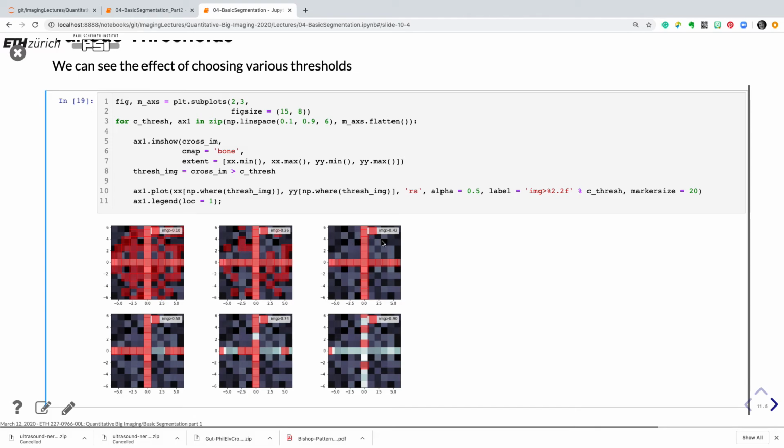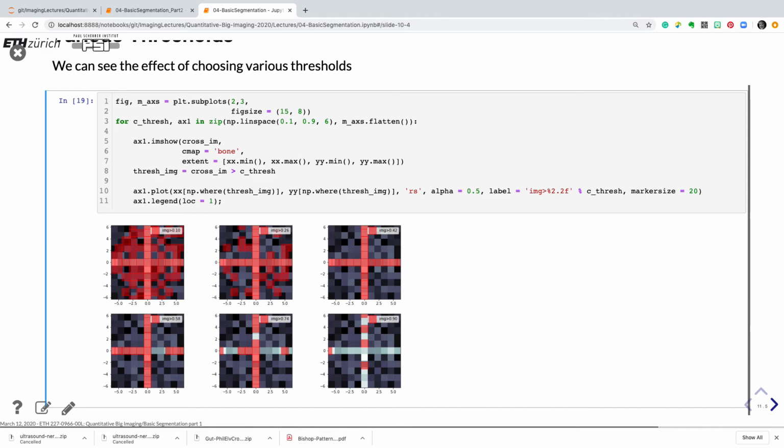And at 0.42, we have the ideal case, I would say, and then we continue increasing the threshold, and you can see that, oh, now we start losing the cross, and when you increase it even more, we lose more and more of the cross, and in the end, it's barely recognizable.